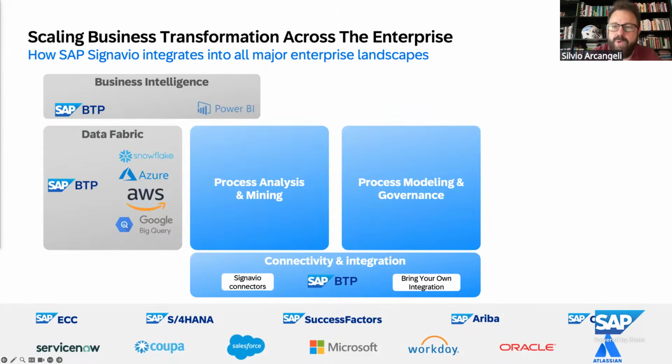So, for example, when it comes to integrating to data management stacks and business intelligence stacks, of course, we do have, let's say, a preferential swim lane when it comes to delivering even more native integration to SAP Business Data Cloud and SAP Analytics Cloud, and I will share more about that later.